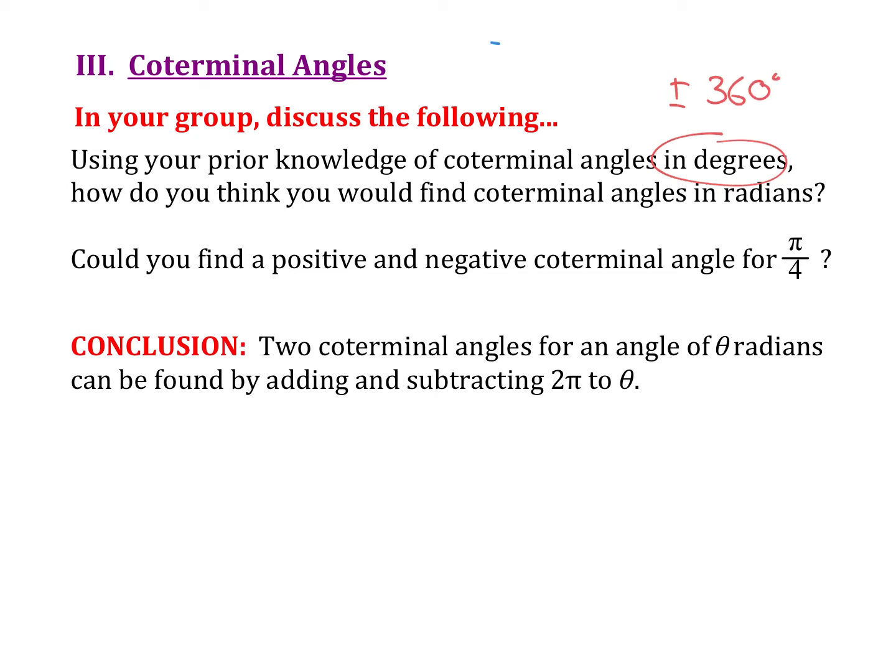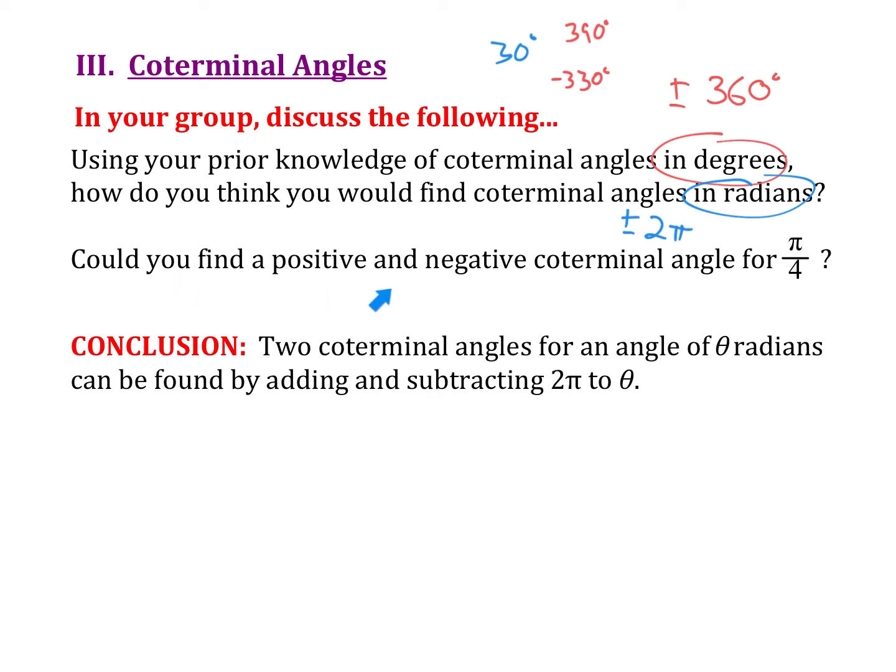So if I had a 30-degree angle, I have a coterminal at 390. I have a coterminal at negative 330. And all I'm doing is just adding, subtracting 360. Well, if we wanted to do that with radians, we would add or subtract. What's the radian equivalent of 360? That would be 2 pi. We would add or subtract 2 pi.